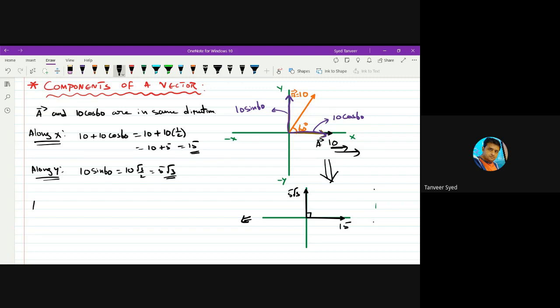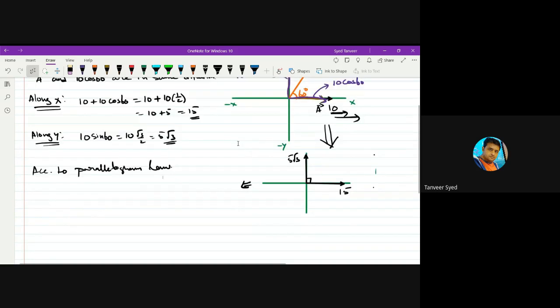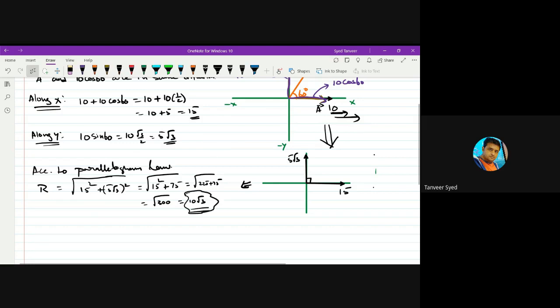Then, according to parallelogram law, if two vectors are perpendicular, then the resultant R is equal to root of P square plus Q square, which is root of 15 square plus 5 root 3 square, which is 15 square plus 25 into 3, 75. 15 square is 225. 225 plus 75, which is root 300. 100 into 3, 10 root 3 is the answer. Final resultant of the two vectors is 10 root 3.